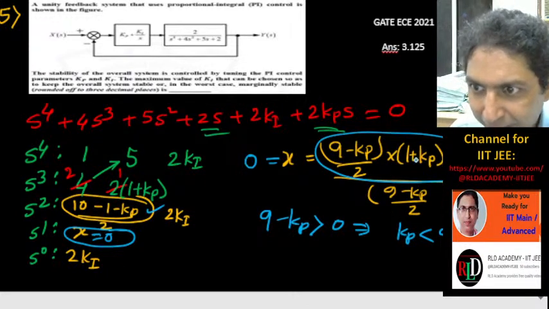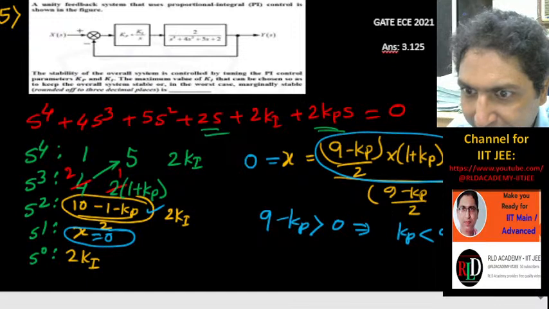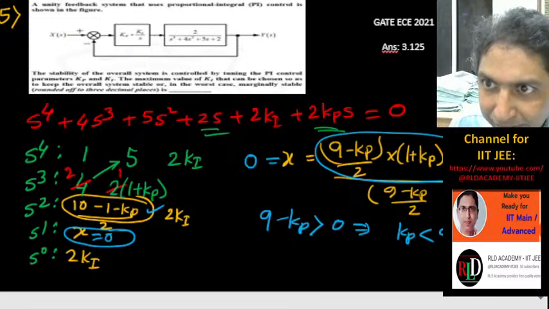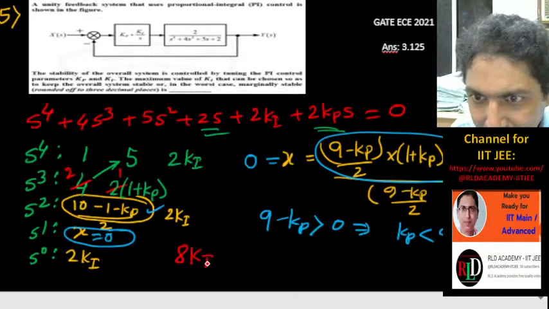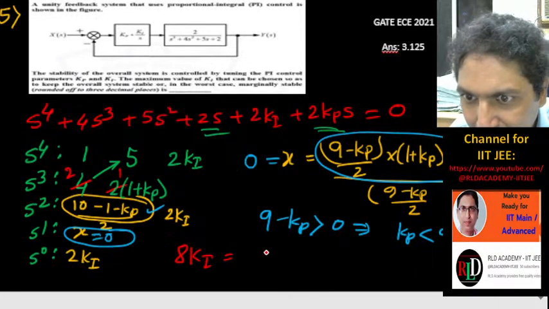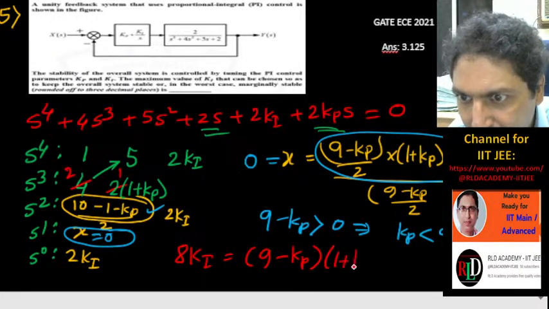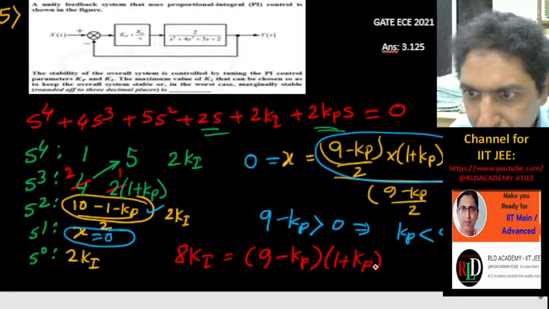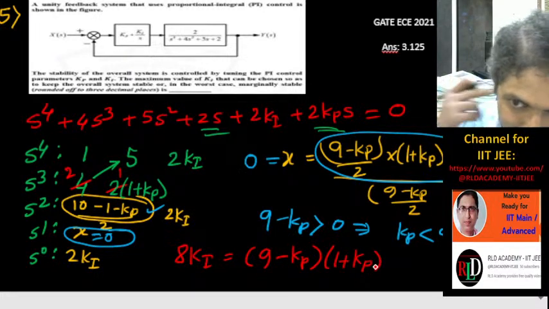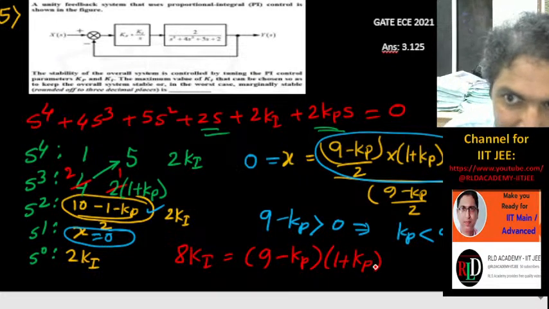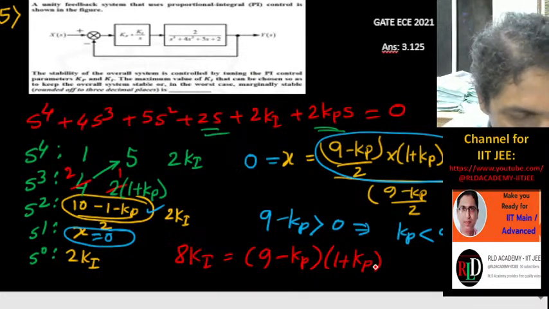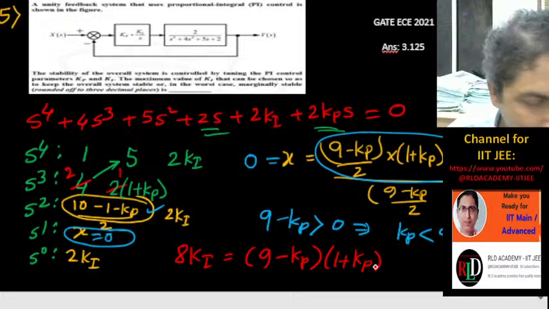So what will I get? 2 into 4, 8Ki. Can I write this thing? 8Ki equals (9 minus Kp) times (1 plus Kp). Okay, this is the required condition for marginal stability. Are you convinced?